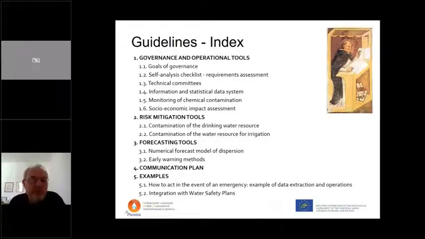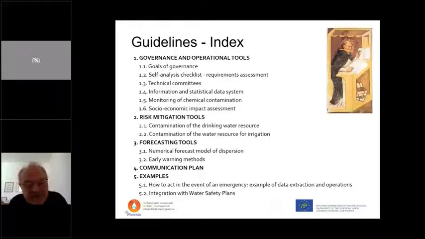One, governance operational tools, which include the institutional governance chain, the monitoring plan, and the socioeconomic impact assessment. The second module includes the mitigation tools that we have developed under the project. For example, in the last webinar on the 10th of March, we will have a presentation on phytodepuration, which we tested in the natural field, the possibility to use phytodepuration for irrigation water mitigation.